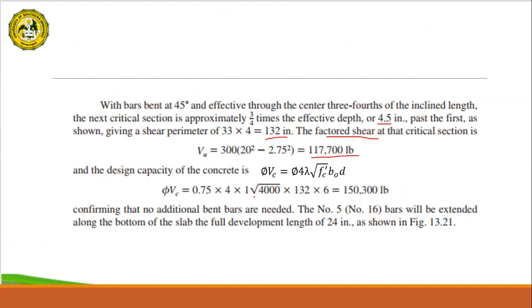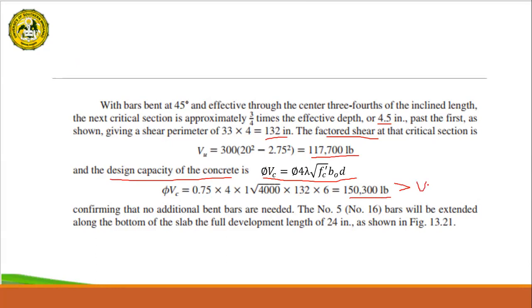So in the second critical section, let's try to find out the design capacity of the concrete. So this is the only thing we will compute first, without the shear reinforcement. So we will compare the result of this with the Vu. If this is greater than Vu, then let's see. So substituting the values we have here, 150,000 pounds, which is greater than the Vu.